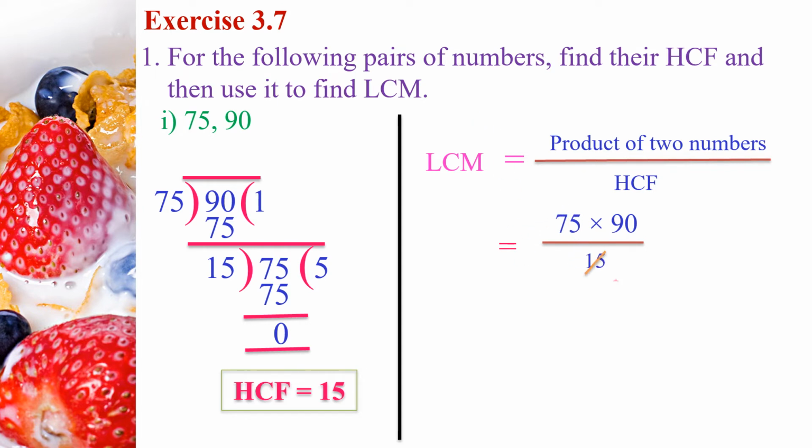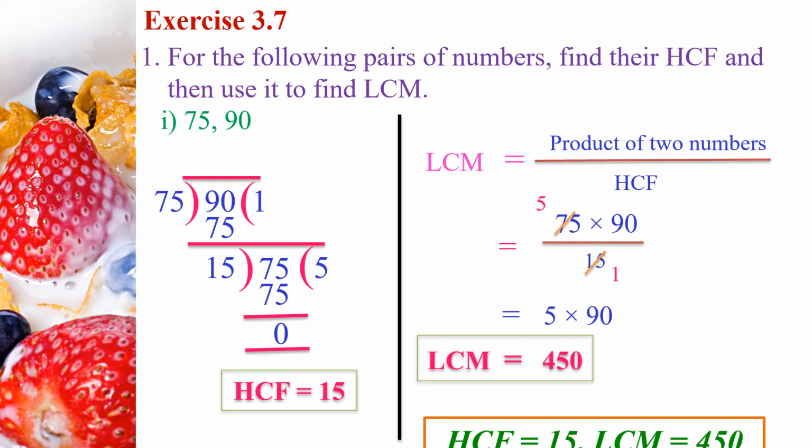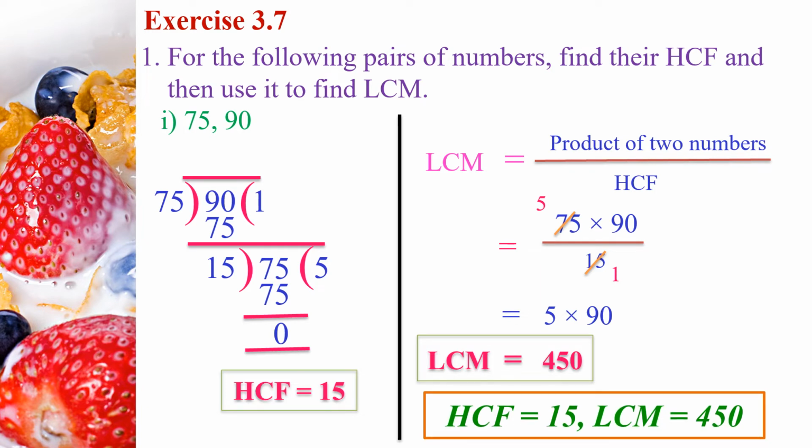So here 1 15 is 15 and 5 15s are 75. So now we are going to multiply 5 with 90. We'll get 450. That is LCM equal to 450. Now we can write HCF equal to 15 and LCM equal to 450.